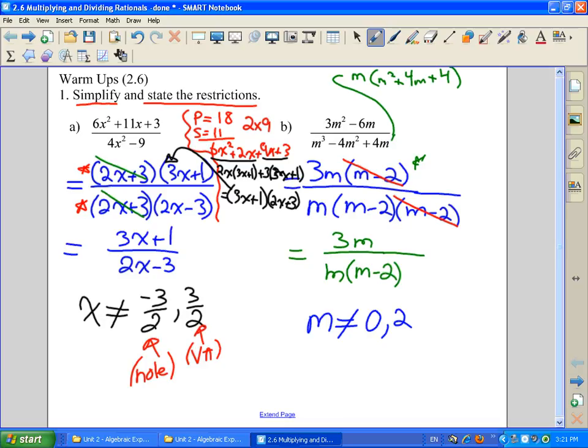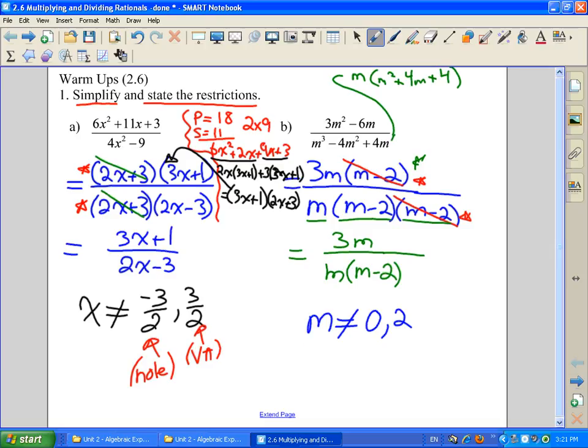So it's going to be m is our common factor, and then m minus 2 times m minus 2. Once we've got our expressions factored, we look to cancel or reduce. In this case, we can cancel out the m minus 2 from both the numerator and the denominator. So our final answer is 3m divided by m times m minus 2 in brackets.